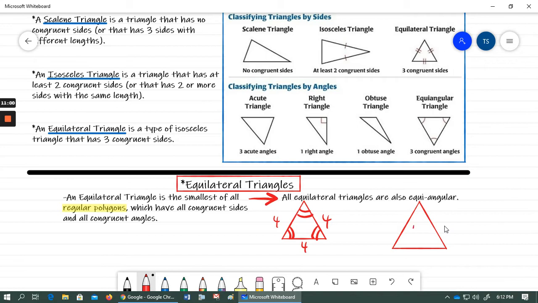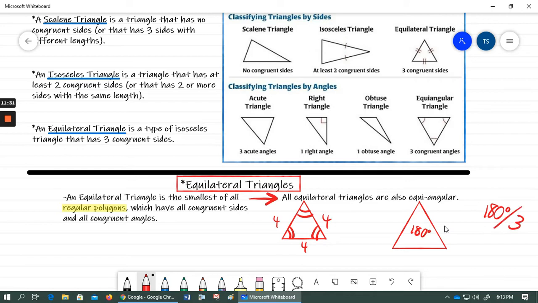So if you know that all three angles combined add up to 180 degrees, folks, and all three of these angles have equal measures, or in other words, the triangle is equiangular, what happens if you divide all of those degrees by 3?